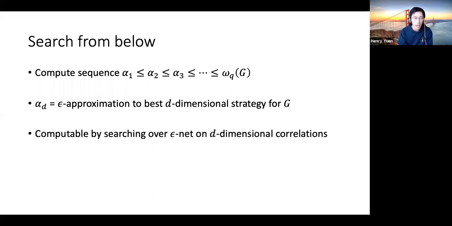So you can do this in finite time. And by definition, as you increase the dimension that you consider, for a large enough dimension, your sequence alpha D will approach the tensor product value of G. Okay? The issue is you just don't know how fast it's converging. So that's why this search from below by itself doesn't give an algorithm.